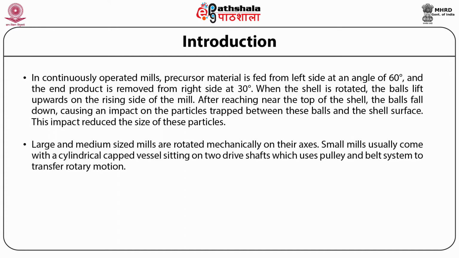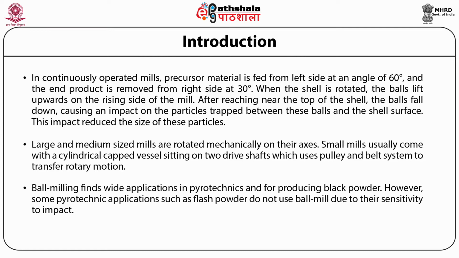Large and medium-sized mills are rotated mechanically on their axis. Small mills usually come with a cylindrical capped vessel sitting on two drive shafts which use a pulley and belt system to transfer rotary motion.